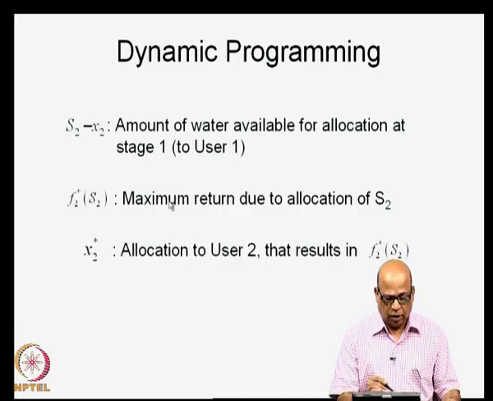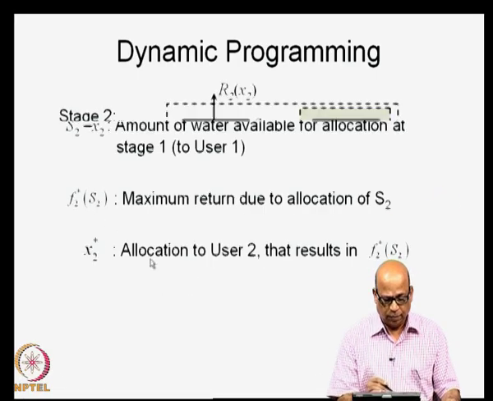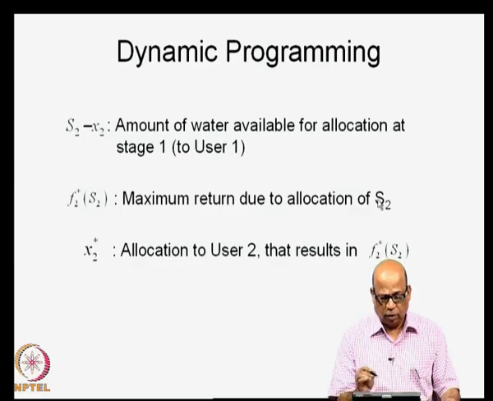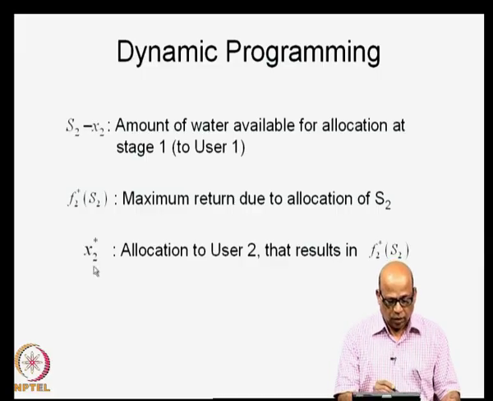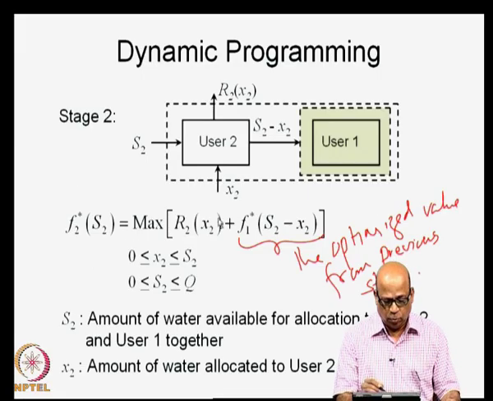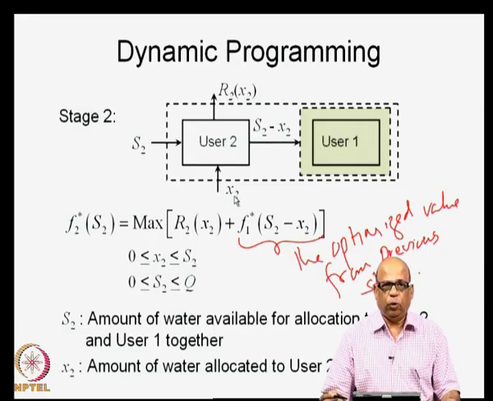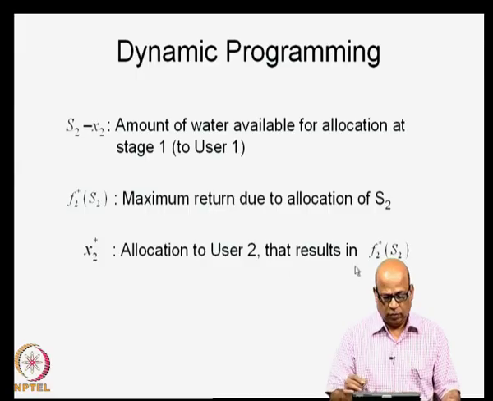And F2 star S2, this term here, is the maximum return due to allocation of S2, which means together to user 1 and user 2, what is the optimum benefit or optimum return that you get from such an allocation. And x2 star is the allocation to user 2 that maximizes, that corresponds to F2 star S2. There are a large number of possible values of x2, out of which one particular or some of them will lead to F2 star S2, and that allocation we denote by x2 star. So, this is the notation.